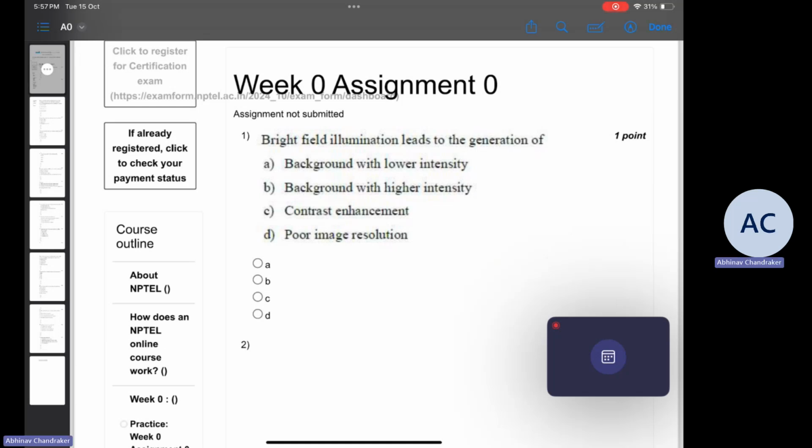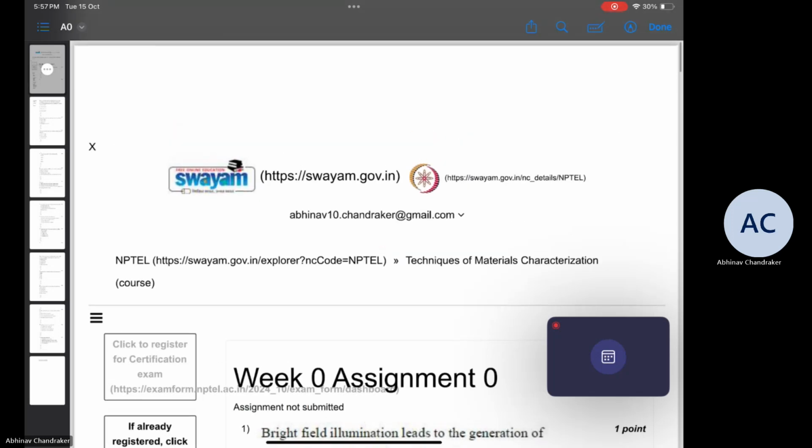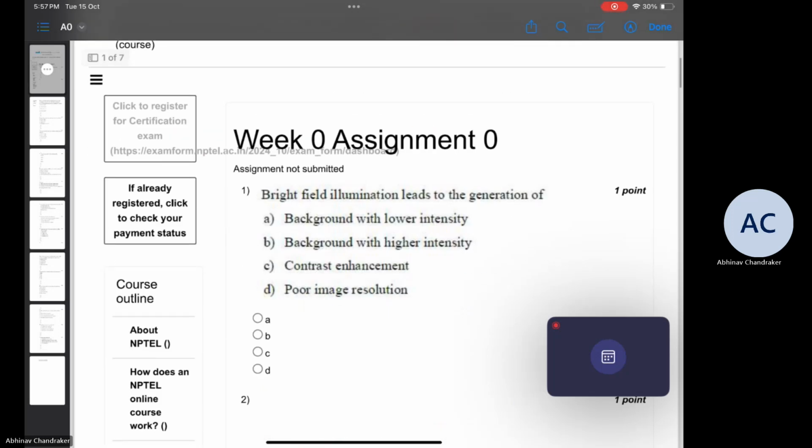The question is, for bright field illumination, what will we observe? So bright field and dark field illumination are general concepts in microscopy. We had first studied them in optical microscopy, but they are also applicable to TEM.